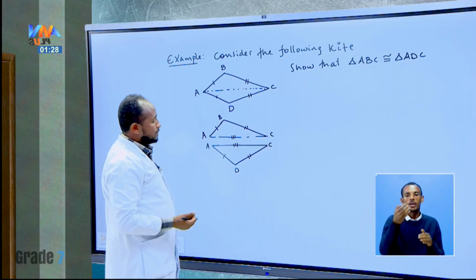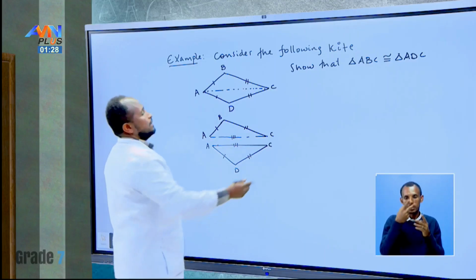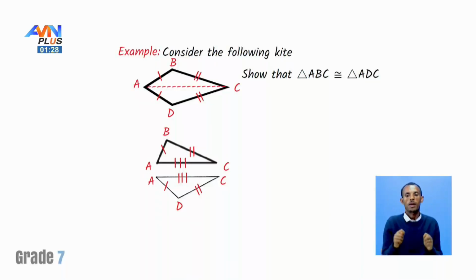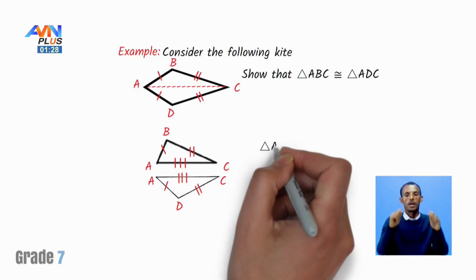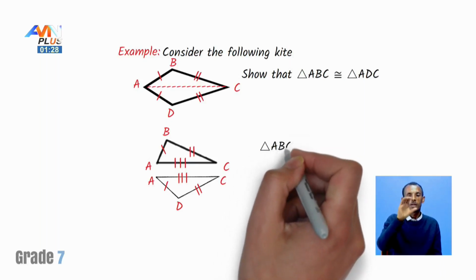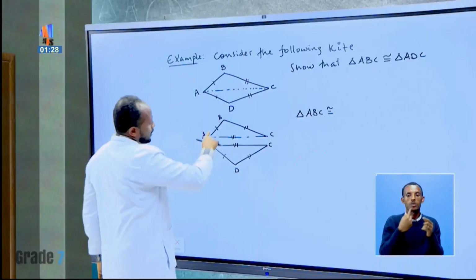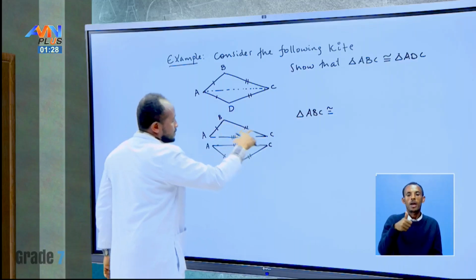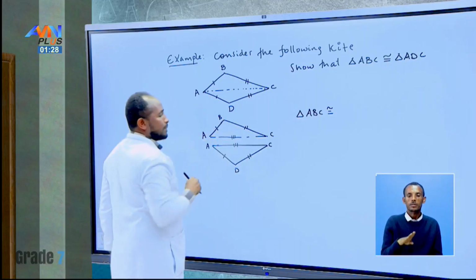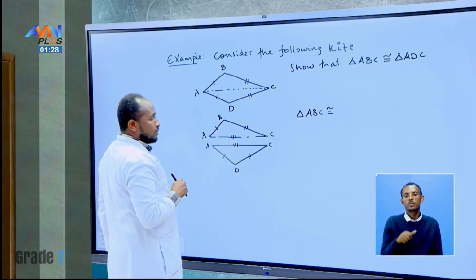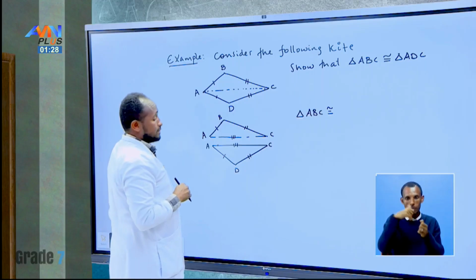In what order? Let's write the order. Triangle ABC is congruent to, look at this one, ABC, from this mark to this mark. So you go in the same order for the lower triangle.